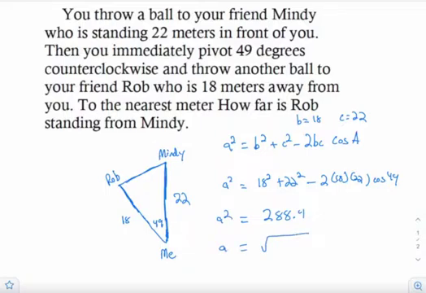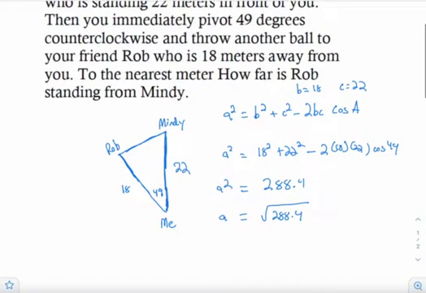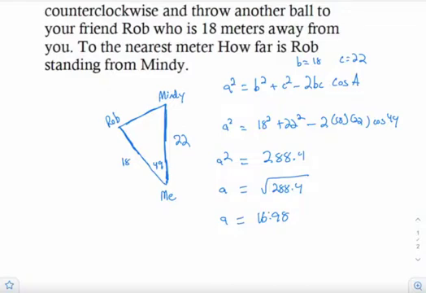In my last step I'll take the square root, so a is going to be the square root of 288.4, and that comes out to 16.98. So the question just says to the nearest meter, and that is 17.